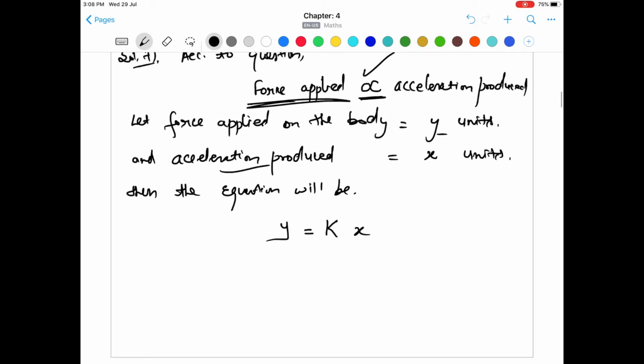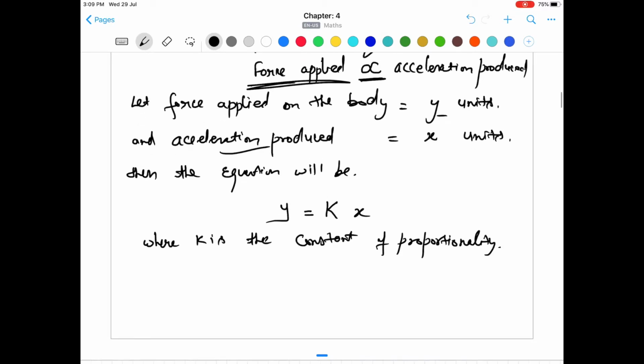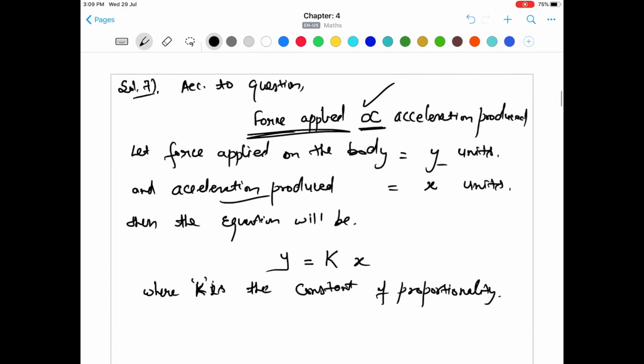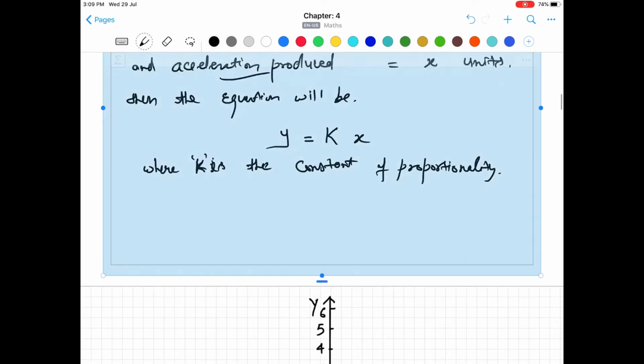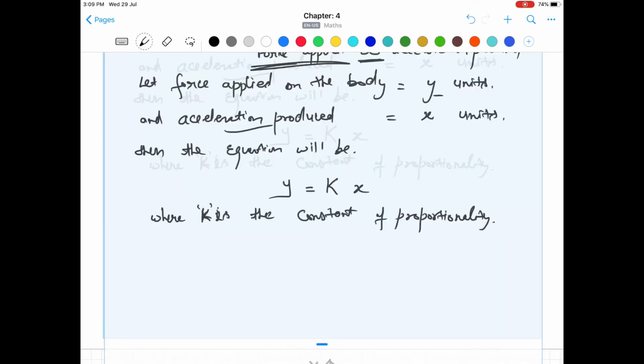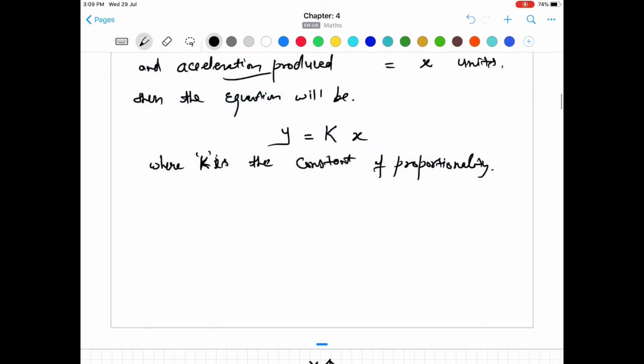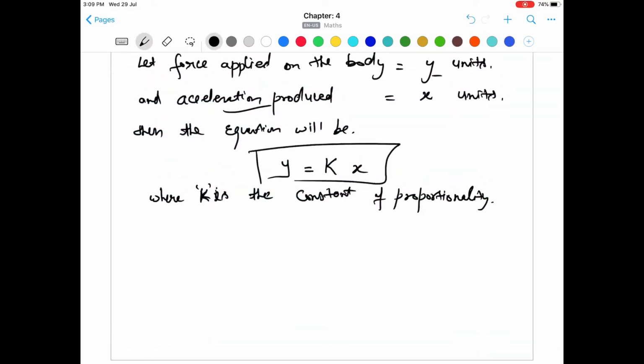Here, write where k is the constant of proportionality. So the equation that we got is y equals kx.